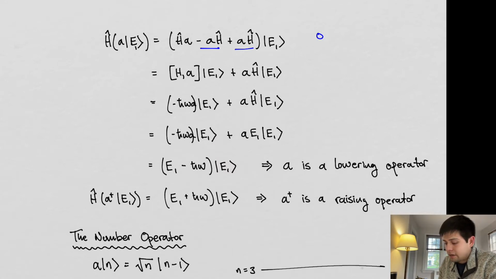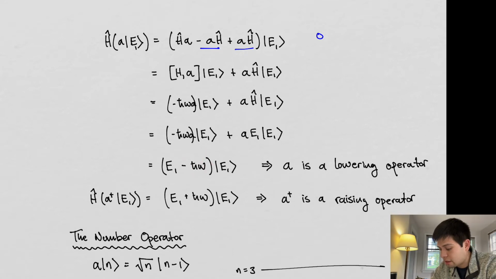What does this mean? When we apply the Hamiltonian and this operator, we get an energy minus some quanta. What do I mean by quanta? Well, this is just Planck's constant, a very small number, just a number though.